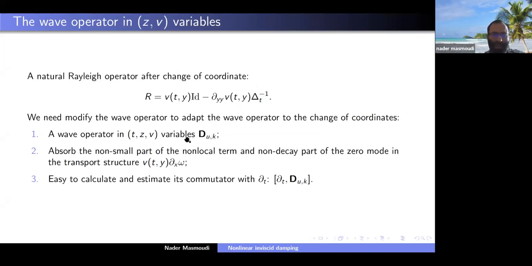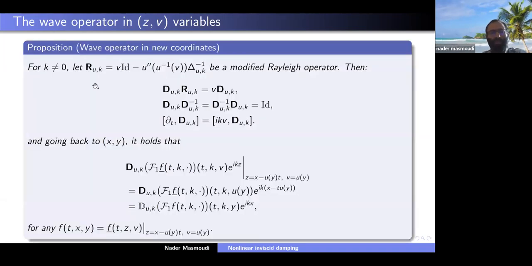So we have to construct this bold D_UK, which is related to this Rayleigh operator. Let me write down precisely the definition I want. I want this wave operator to conjugate this R to just multiplication by v.